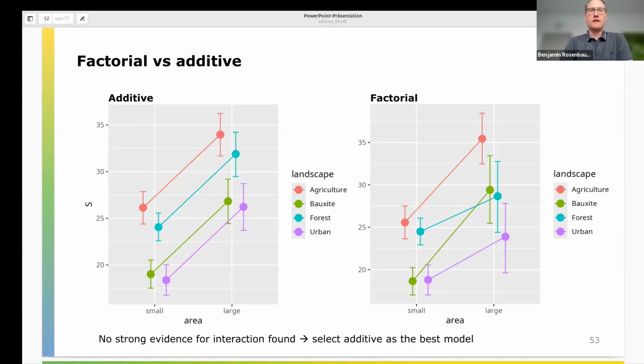So here the area large urban is also informed by the area small urban, because we know we have a difference there, and the difference is also the same across all landscape levels. So the mean of landscape urban area large is also informed by all the other ones. It is not independent from the other ones just because of how the model is constructed.